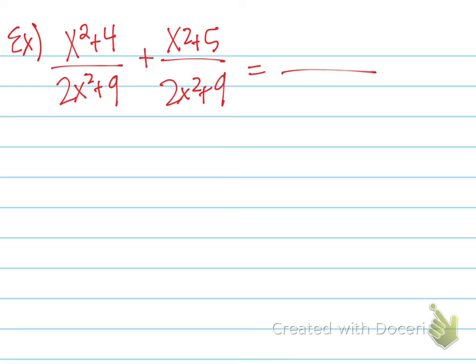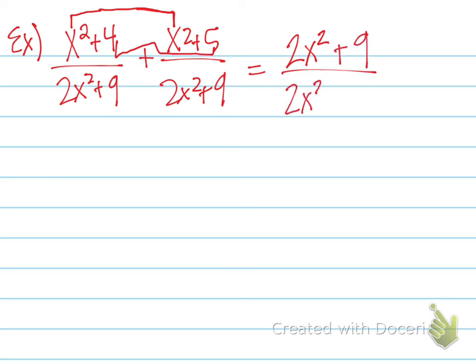So, an x squared and an x squared is a 2x squared. A 4 and a 5 is a 9. So when we bring our denominator over, what do you notice? The top and the bottom are the same, so that just means it equals 1. Okay?